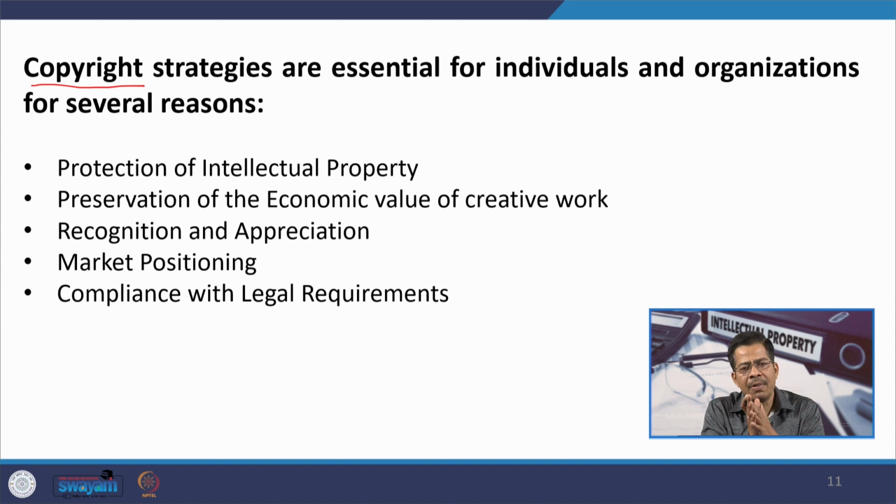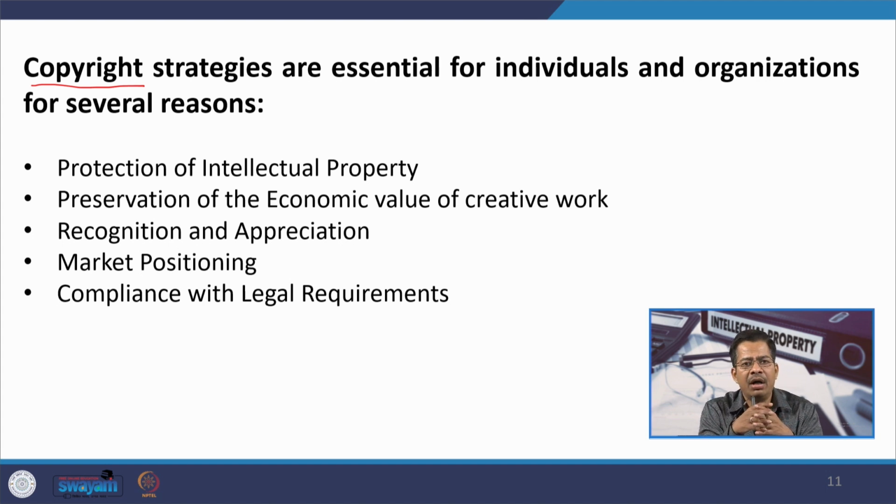We know that it is an auto generated kind of IP. So, management of this IP is very important, and without any efforts the portfolio of your copyrights keeps getting updated.